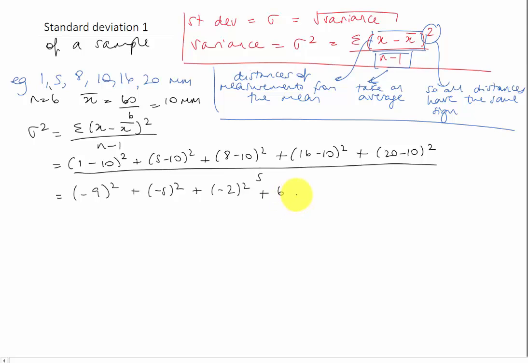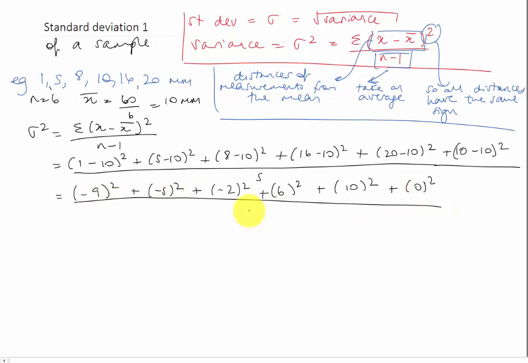Oh, I've forgotten 10 minus 10 squared, plus 0 squared. Not that it would have made much difference.